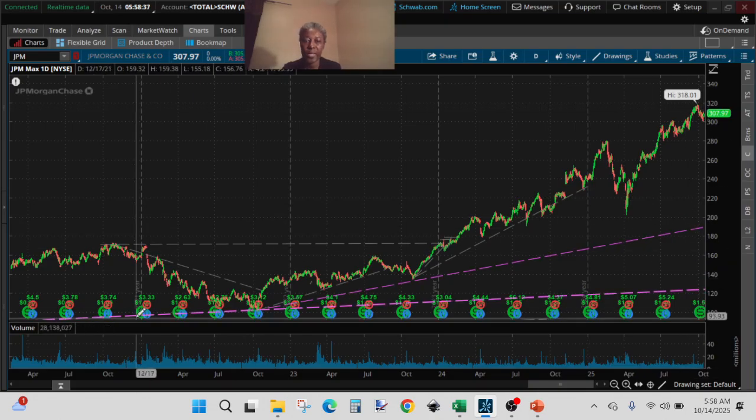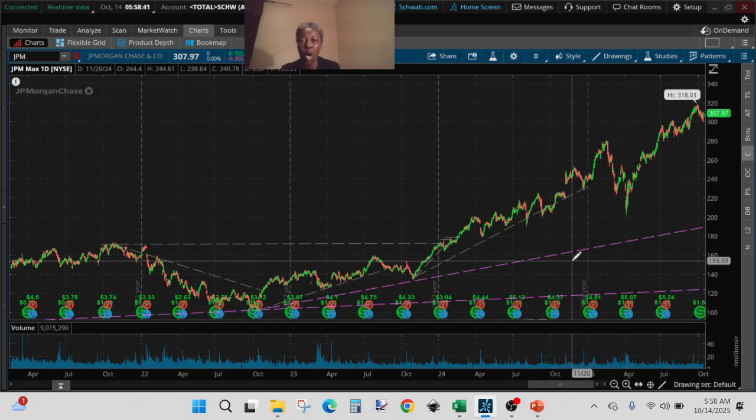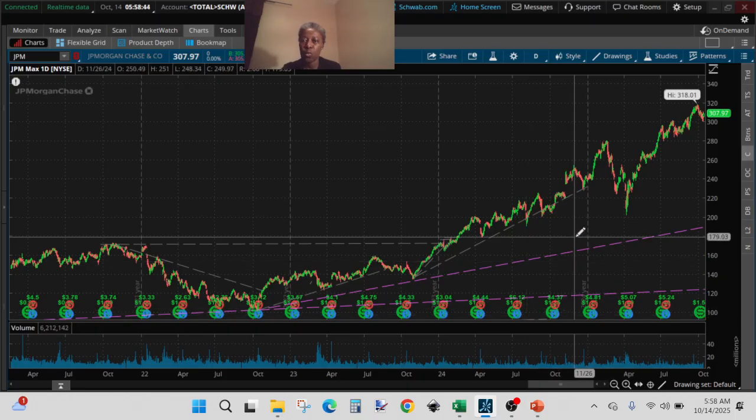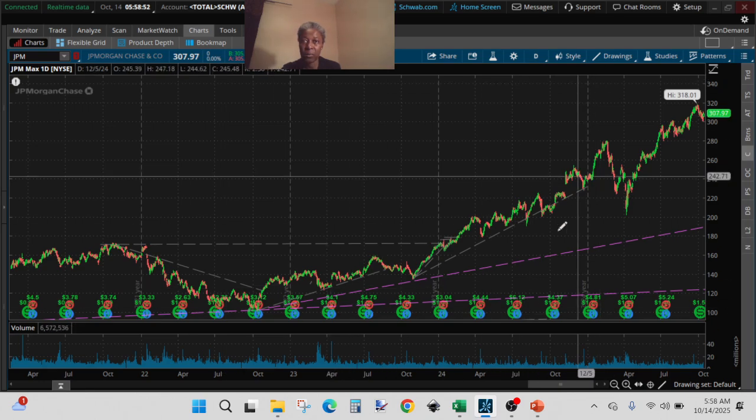So you will trace a long support line, that's the long uptrend line strategy. You will trace a long support line passing by the valleys of the chart, because the chart is fluctuating, making mountains and valleys.